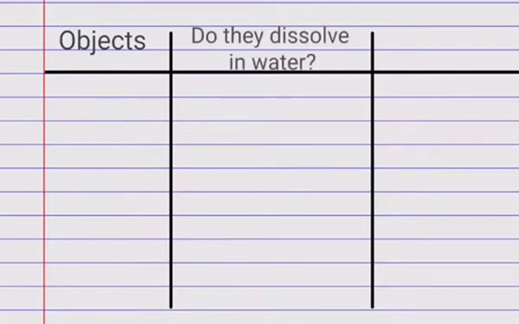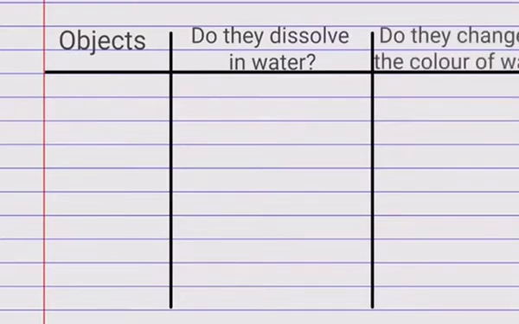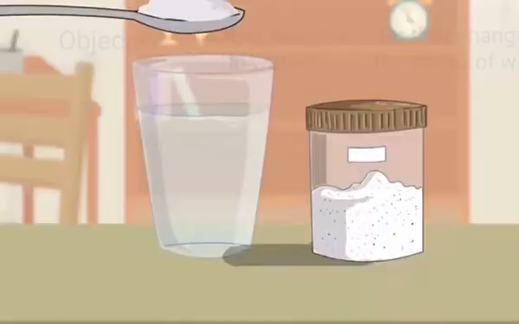After that, Zia draws a table in her notebook that looks like this. In this table, Zia will enter whether these things dissolve in water or not, and which of these things will change the color of the water when added to it.